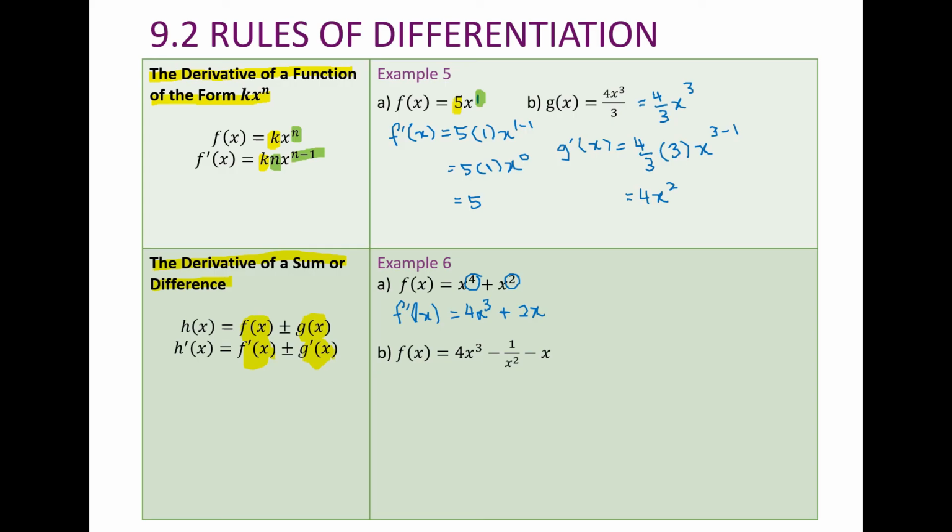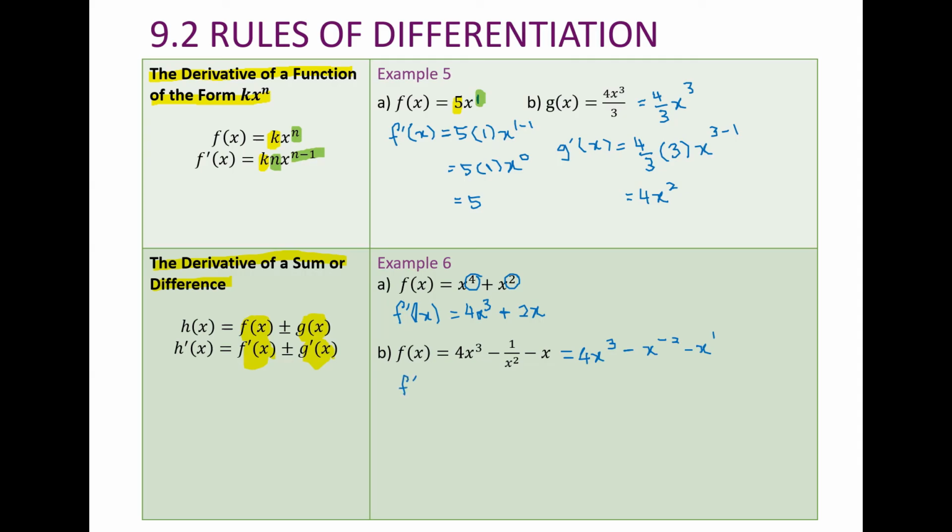So now you have 4x cubed minus 1 over x squared minus x. So this is actually 4x cubed minus x to the power of negative 2 minus x to the power of 1.